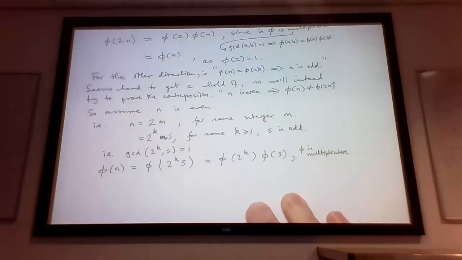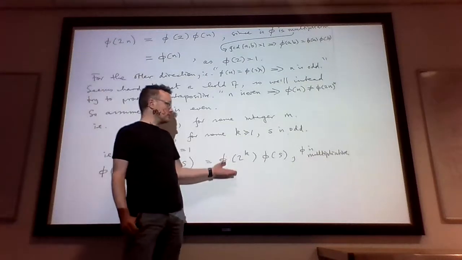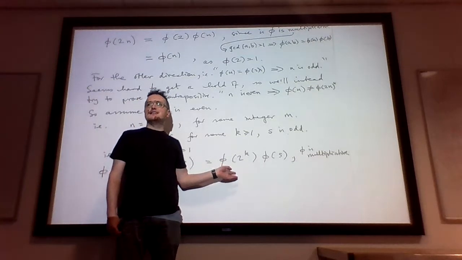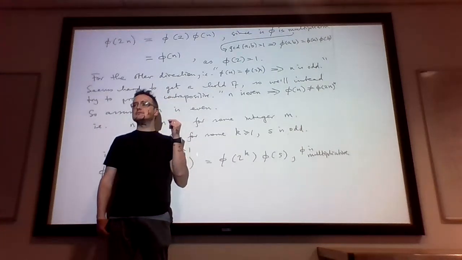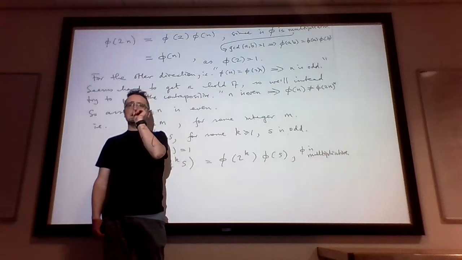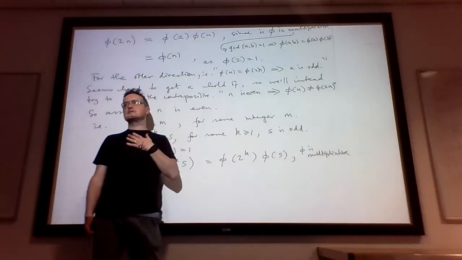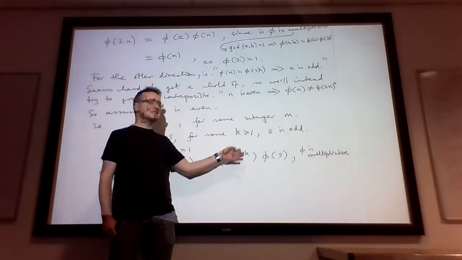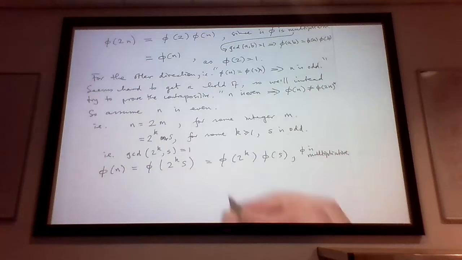Now, which of these can I develop further? Not phi of s, because I don't know what s is, but phi of 2 to the k I can develop. So what is phi of 2 to the k?